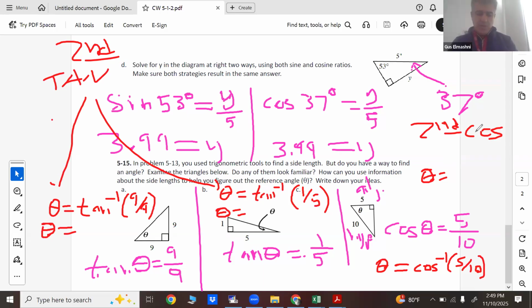So inverse tan of 1, which I know is 45 degrees because they're both equivalent sides here. That's 11.31 degrees. And lastly, that's 60 degrees.